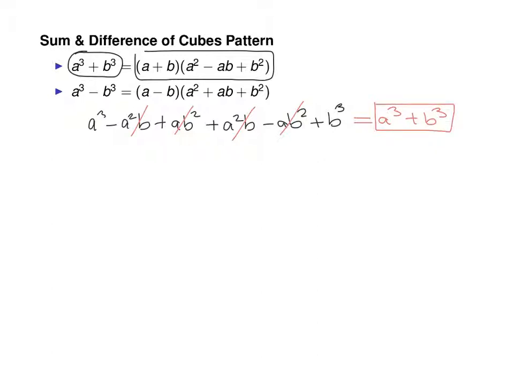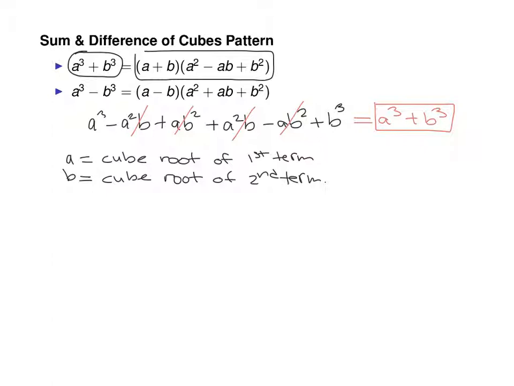And the same thing is true, you can prove a cubed minus b cubed quite easily. Now a couple things to note about how you choose a and b. When you pick a and b, a is equal to the cube root of the first term, and b is equal to the cube root of the second term.